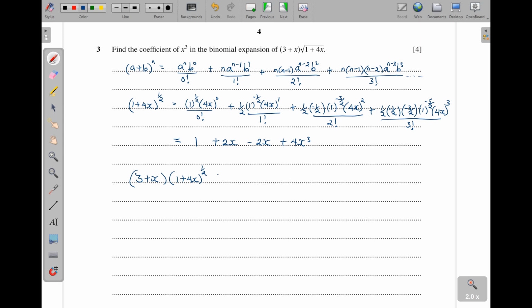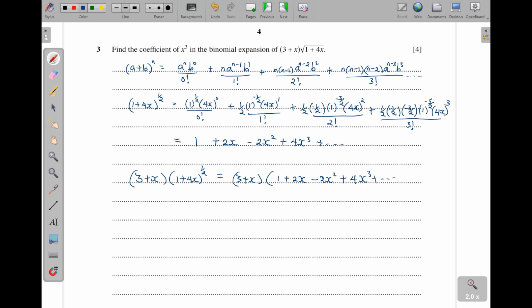Then we multiply by everything here. Remember, this one continues, it's an infinite series, but we only end where they have told us. So 1 plus 2x minus, this is a squared, by the way, so 2x squared, then plus 4x cubed.